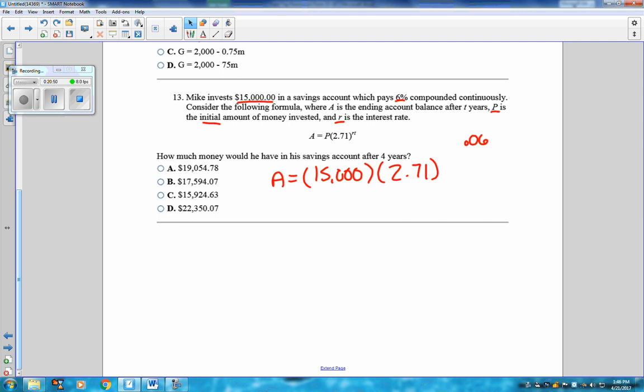So I move the decimal two places to the left. So this is going to be 0.06 times my T, which is 4. So if you plug this into your calculator, you're going to get roughly $19,054.78.